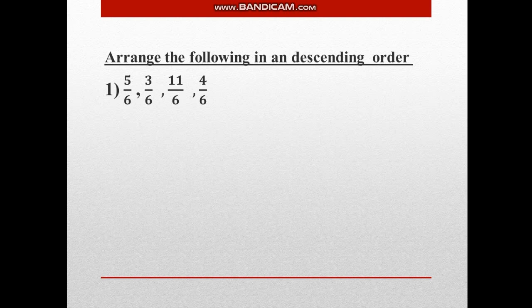Yes, all of them are 6. So now I will look at the numerators, and we want to arrange in descending order. We said before, descending means arranging from greater number to smaller number. So which one is the greater? 5 or 3 or 11 or 4? It's 11, so I write 11 sixths.